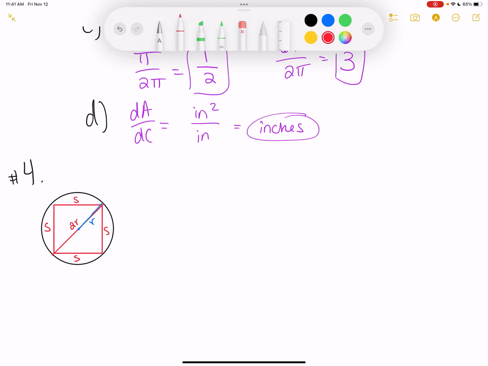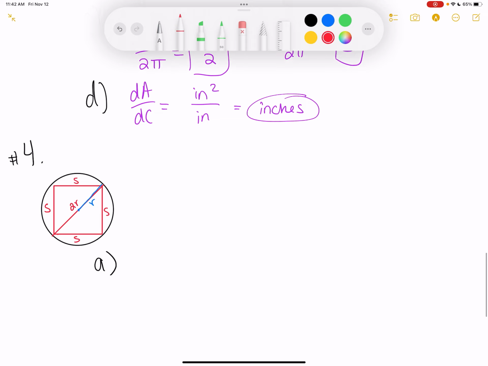So part A wants us to write the area of the square as a function of the radius r of the circle. Just in general, start with this. What is the area of a square? Side times side, side squared.